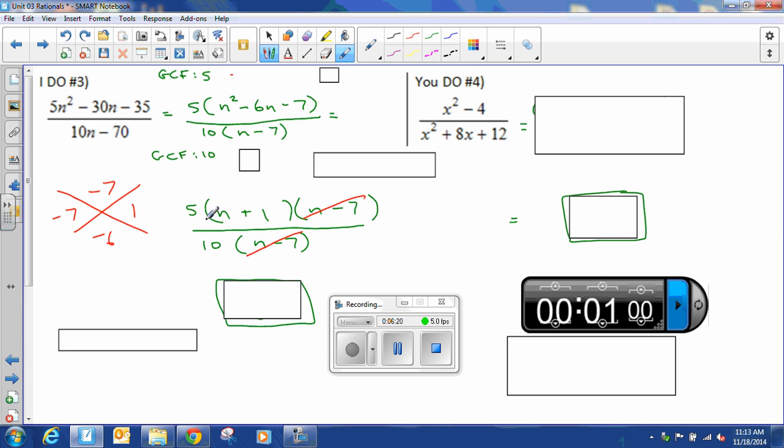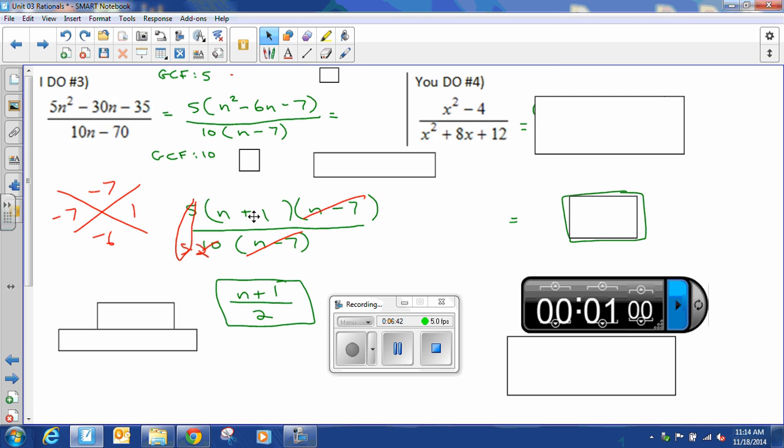Also notice that we have a 5 and a 10, and this 10 is really 5 times 2. So there's my 5 times 2, and as you can see, the 5s cancel out, and the 2 remains. Therefore, the final answer is n plus 1 over 2.